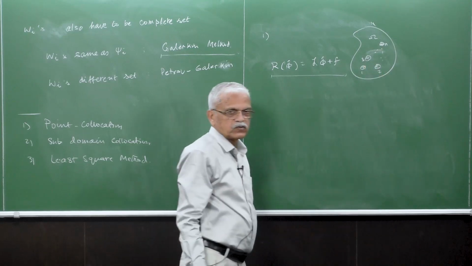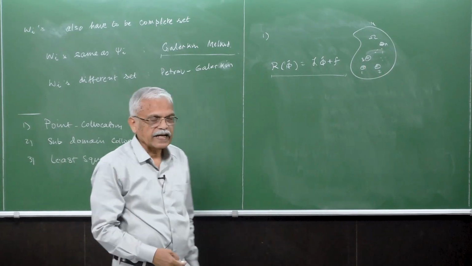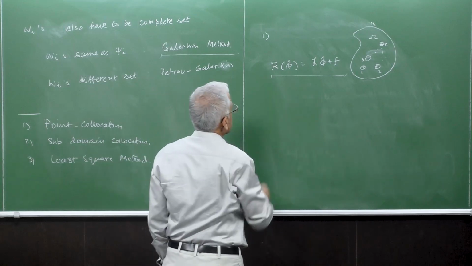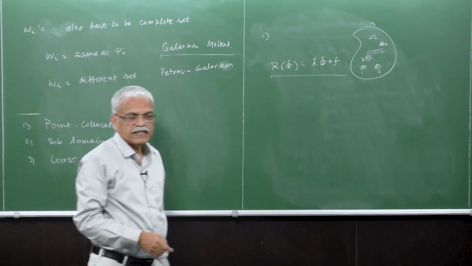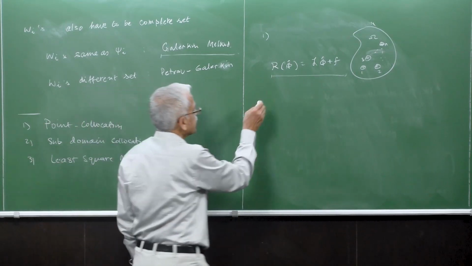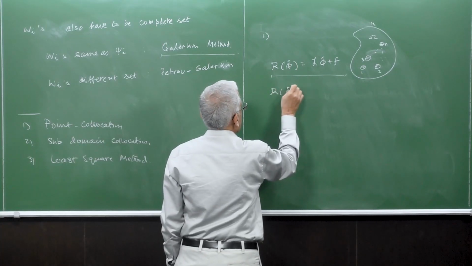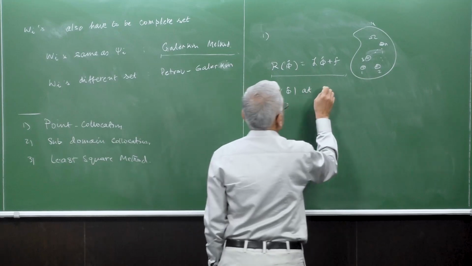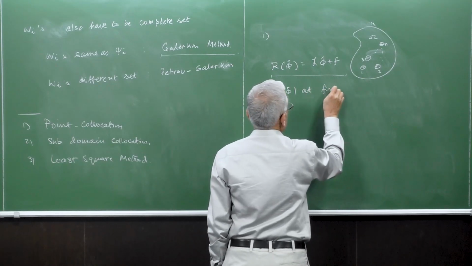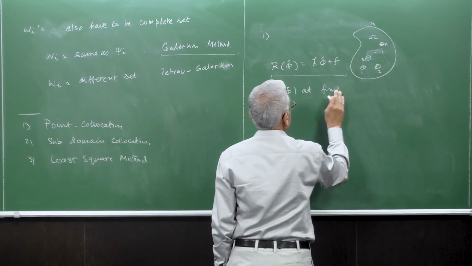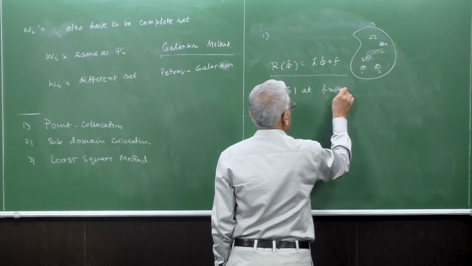So we choose equispaced points, and then what we say is that this residual is 0 at finite locations, at finite points.